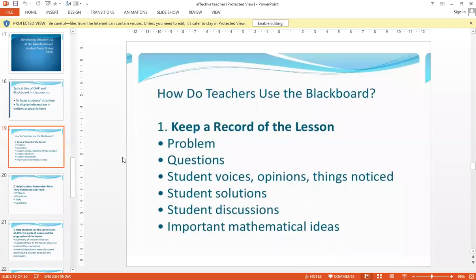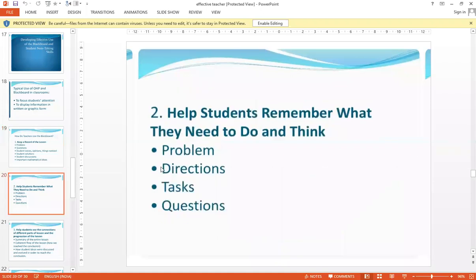Next, it helps the students remember what they need to do and think. Now it helps students to analyze their problems, directing them in achieving the goals or doing particular tasks or questions.